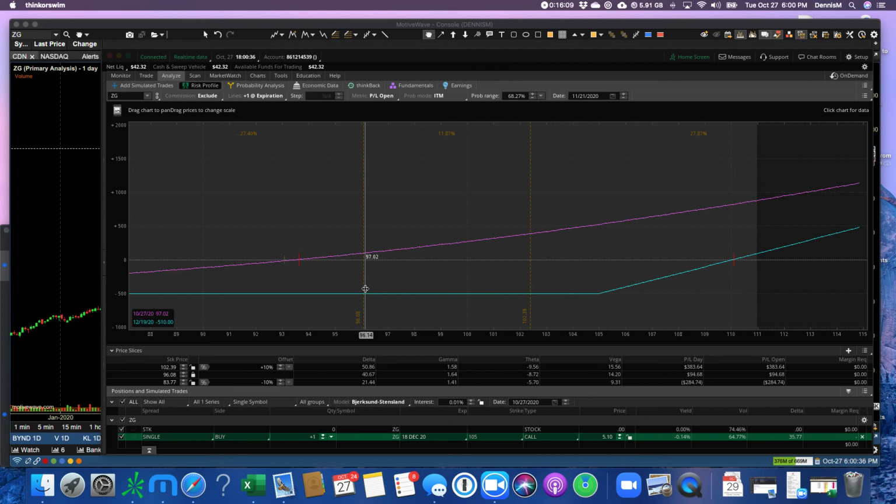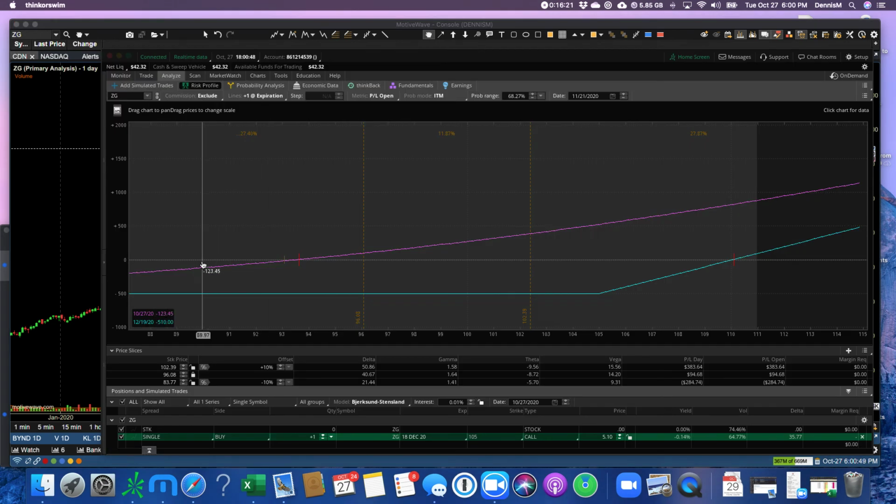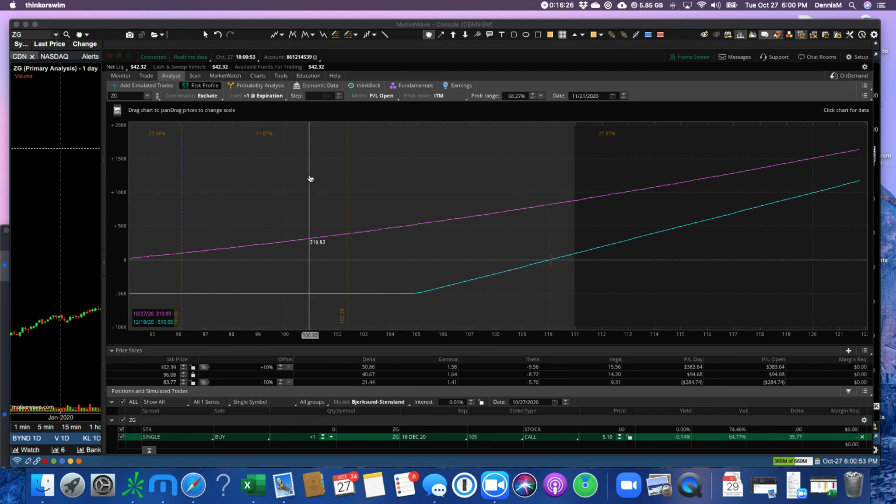You would have had to wait until next week to make that kind of money at that price. So you have to look at probabilities, become sort of proficient in this risk analysis chart.